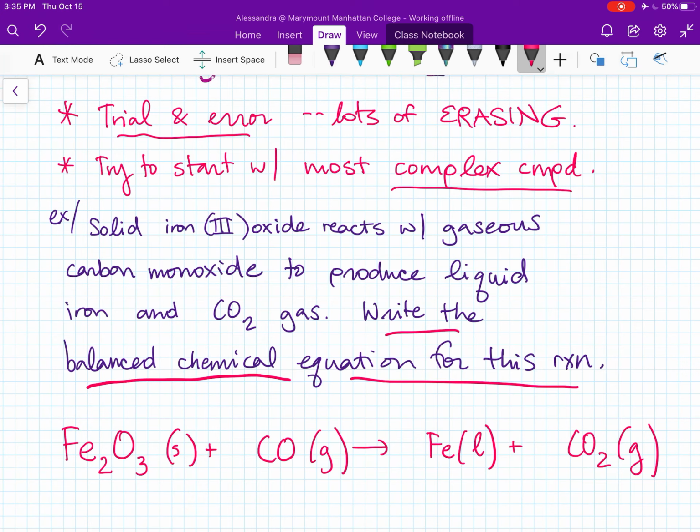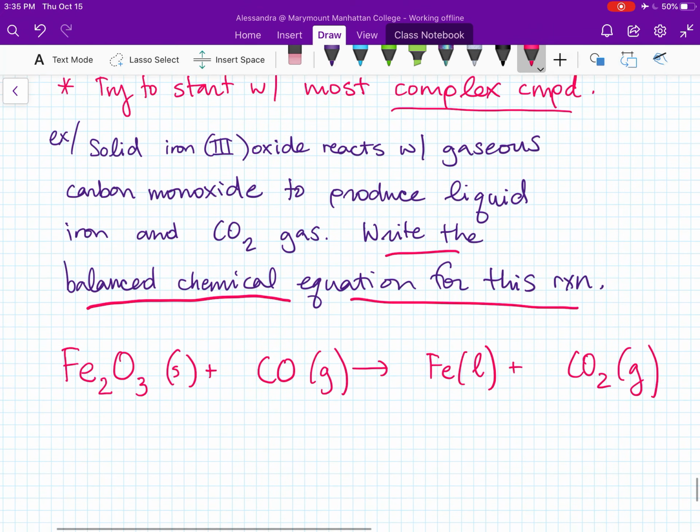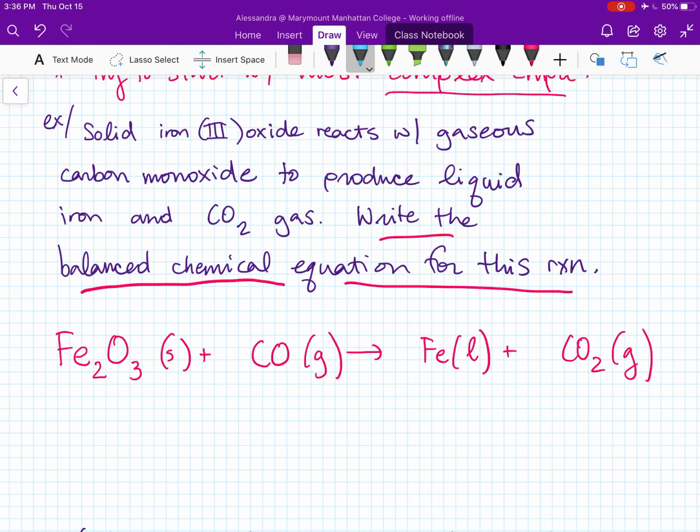This is how iron is isolated to produce steel, so it's a very important reaction from an industrial point of view. Now we have to balance this chemical reaction. So under the reaction arrow, I'm going to list all of the elements that are involved in this reaction. I have iron, oxygen, and carbon, and I'm going to count up the number of each I have on both sides.